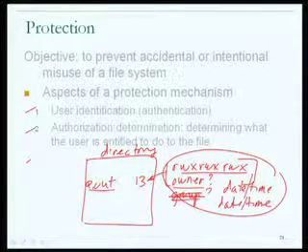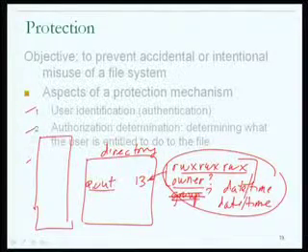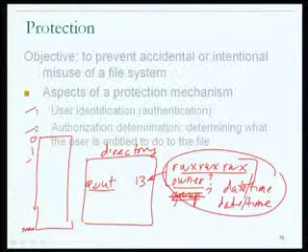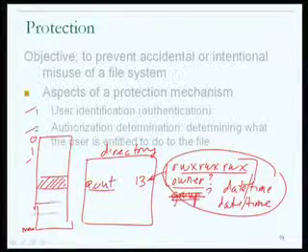Okay, now putting all this together, we realize that as far as the operating system is concerned, the disk contains a lot of information. Let me just draw the disk over here. We have a perspective of the disk as being linearly addressed from disk block 0 up to some maximum disk block address. And parts of the disk are used for the file system. So there could be regions of the disk which contain the blocks of the different files.